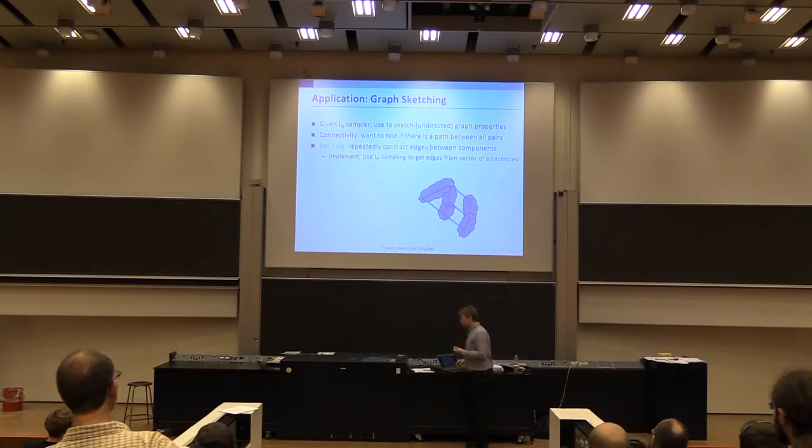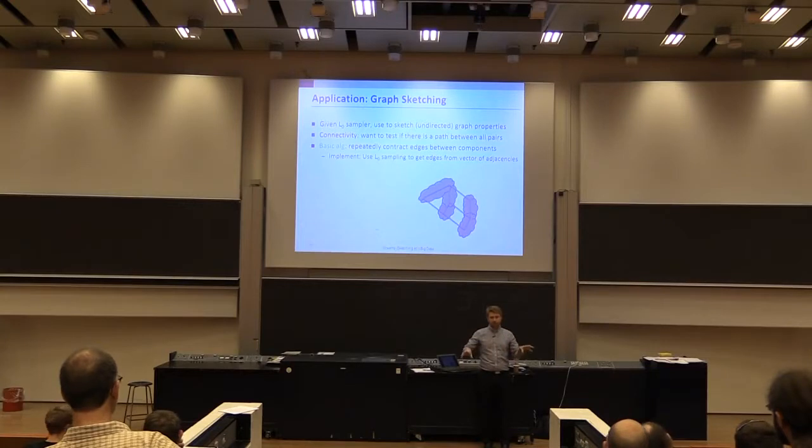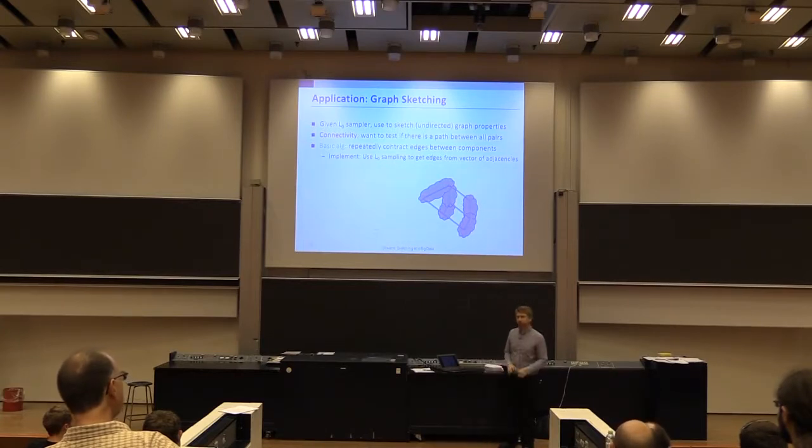Okay. So the key step of this algorithm is that at some point you have some collection of partial components, and you want to pick an edge going out of each component. Pick an edge that connects one component to another, contract that edge, and say those two components are now one big component together.